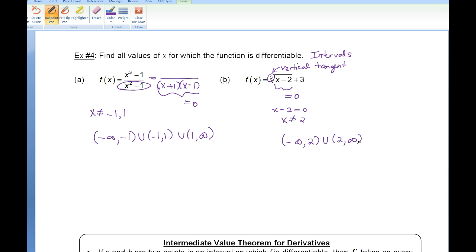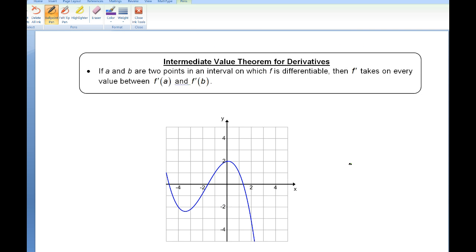Which in part A, that's actually the case. So in A, this is the domain here. Whereas over here, what's the domain for B? It's all reals, right? It's negative infinity to infinity. So you just have to consider where that vertical tangent would be. Does that make sense?